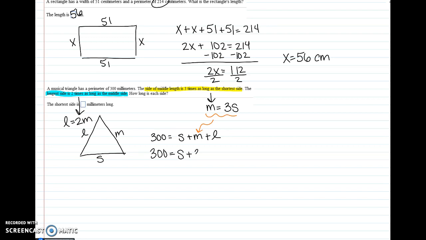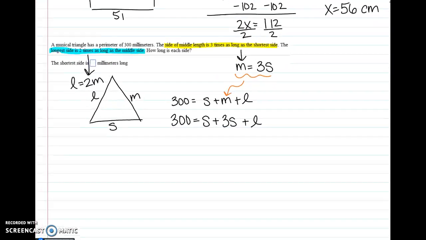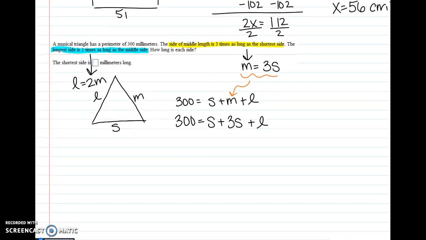So I'm going to replace this M with 3S since the middle side is 3 times as long as the short side. Okay, so my equation looks better now, right? I have just 2 letters now, but we're not great.